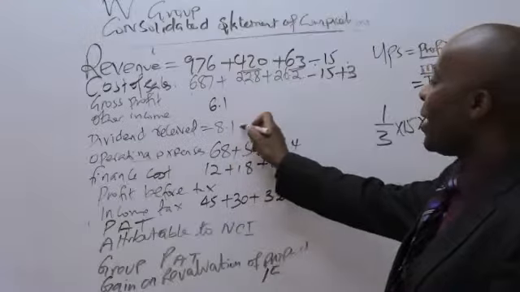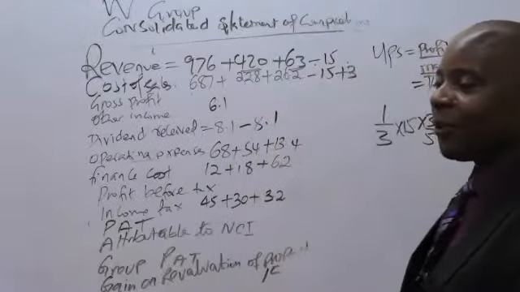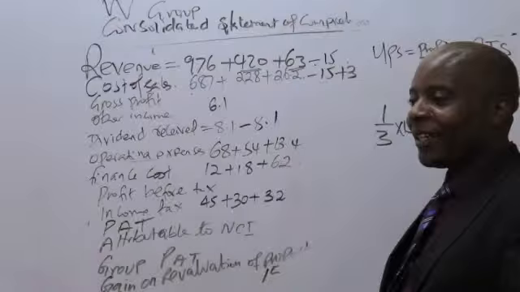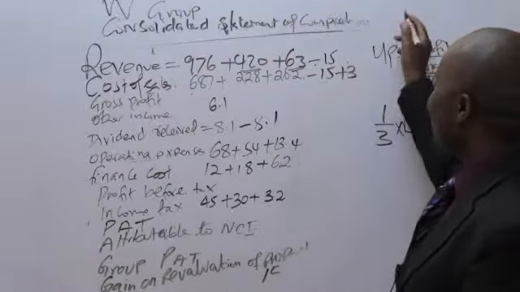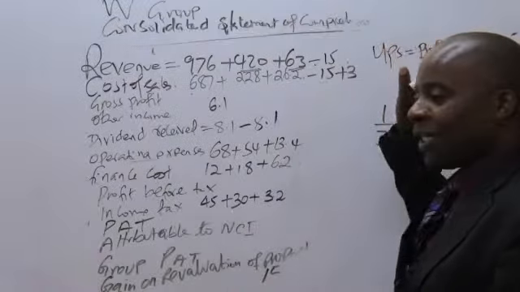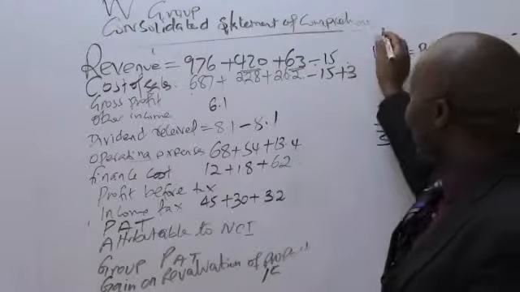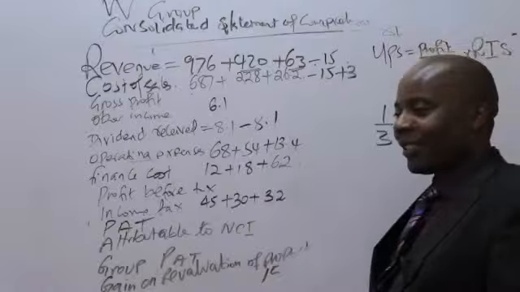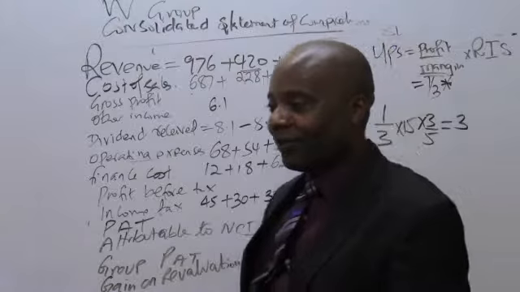So you say minus 8.1. Are you seeing that under this column here, under dividends received, you will have 0?